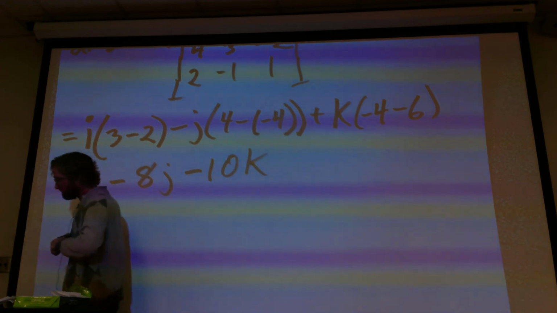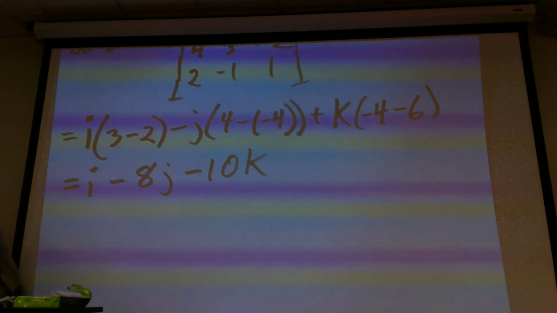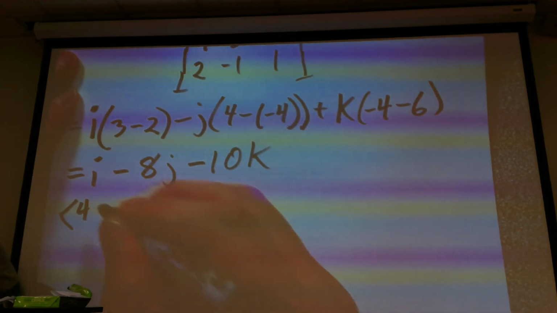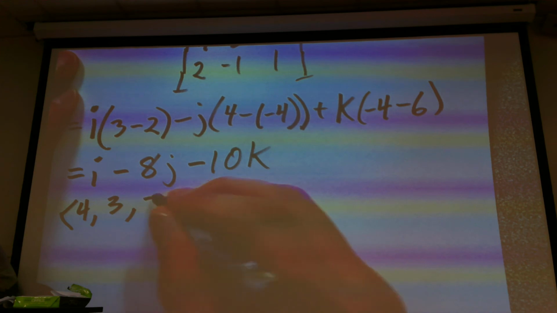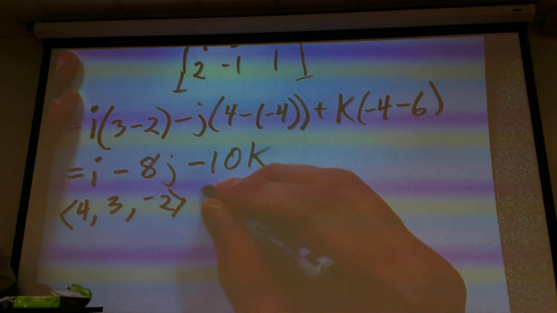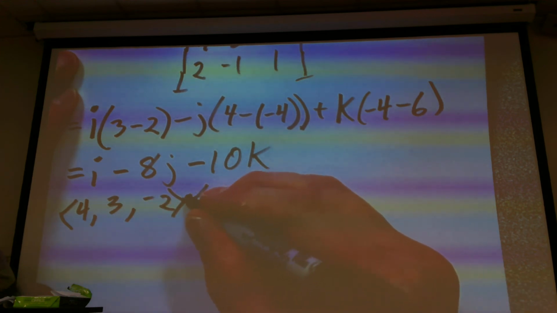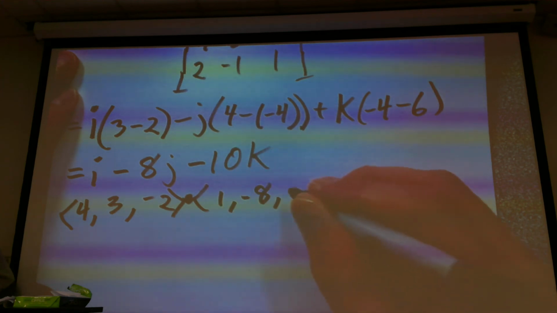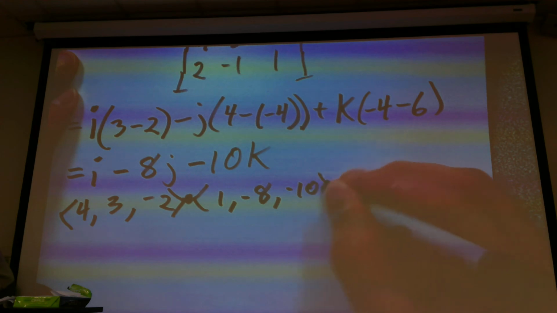So (4, 3, -2) is going to be dotted with (1, -8, -10).